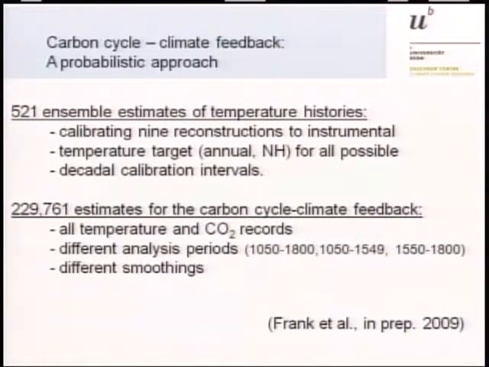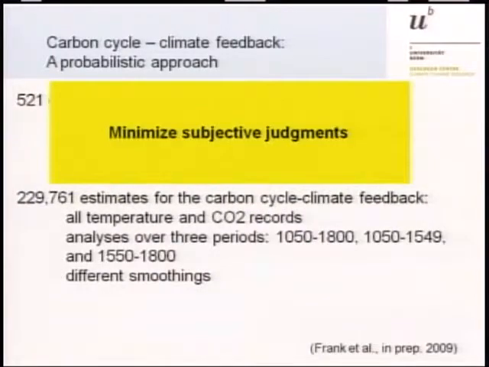He recalibrated all these temperature reconstructions with respect to different instrumental targets to compile an ensemble of about 500 temperature histories, and then he produced an ensemble of about 200,000 estimates for the carbon cycle climate feedback by combining the different temperature records and CO₂ records, looking at different analysis periods, different smoothing of the records, and so forth. I don't want to go into detail. The goal of this work is really to minimize the influence of subjective judgments.